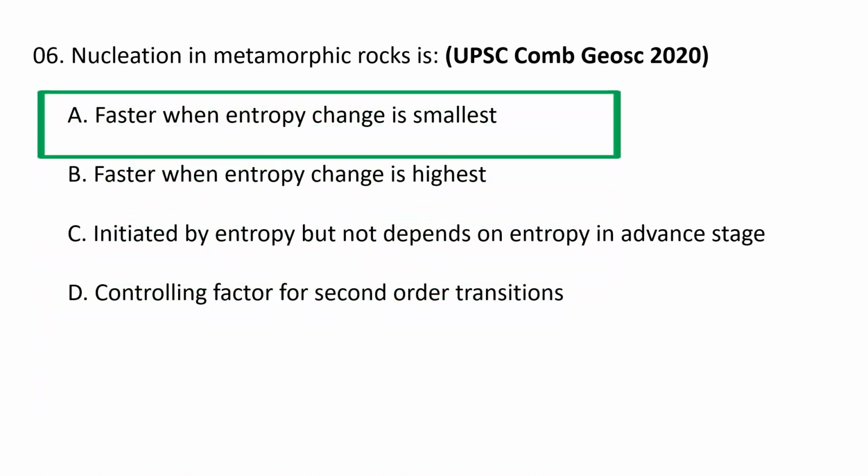Nucleation is the term referring to the sequence of interlinked physical and chemical changes that together result in the formation of a new particle or nucleus capable of subsequent growth to form a crystal, and it is faster when entropy change, that means the order of disturbance, is smallest. A is the correct option.